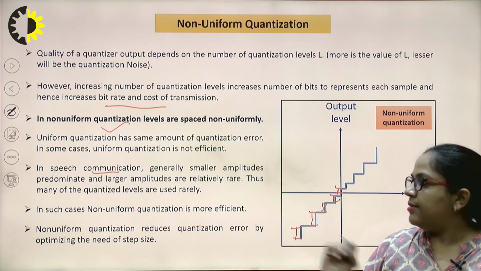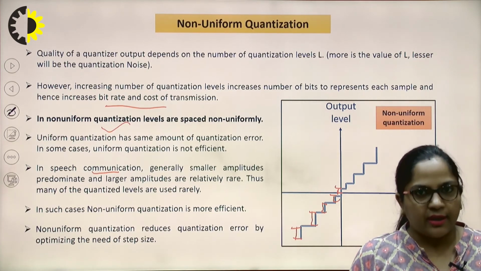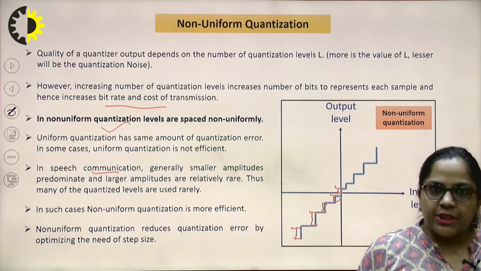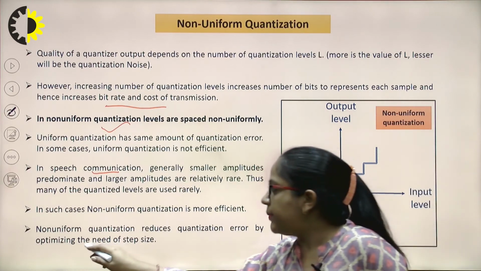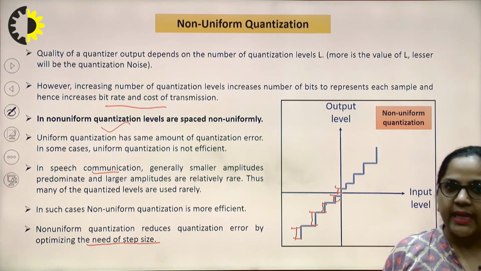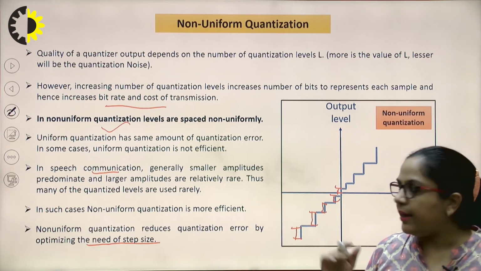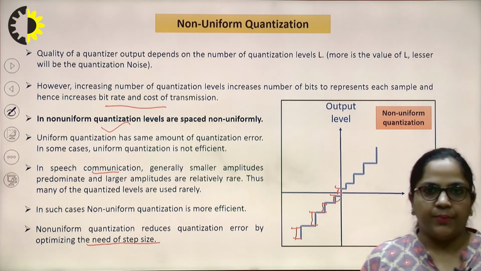In such cases, non-uniform quantization is more efficient. It also reduces the quantization error by optimizing the step size according to the information lying in a particular level.